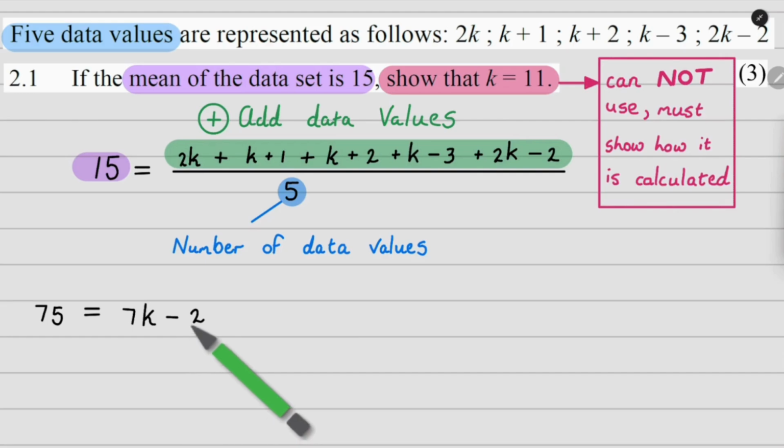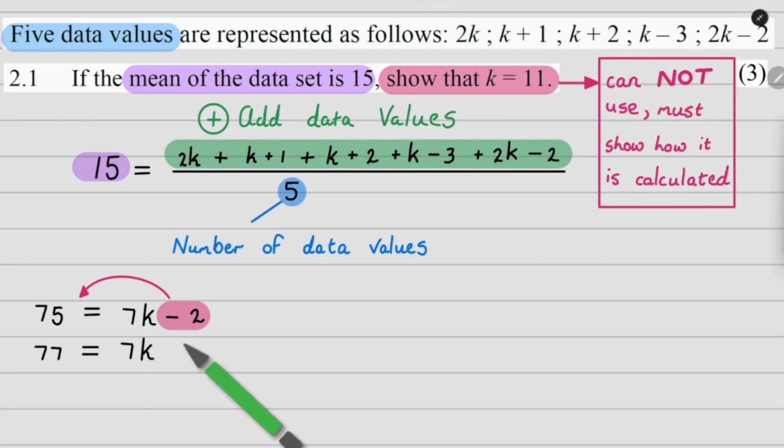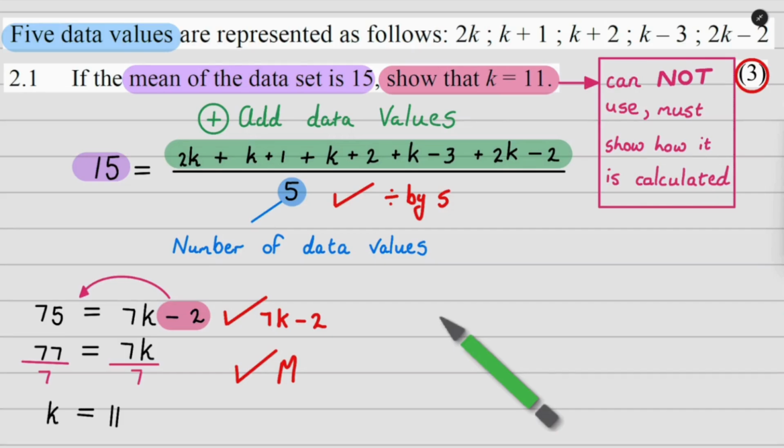There are no more fractions left because I kind of cross multiplied that 5 up there to get this 75. So this 5 disappears, it kind of morphs into that 75. And now we just need to solve for k. So we're just going to grab that -2, move it over, it becomes plus 2, 75 plus 2 is 77, and then we just divide by 7, and we get k to be 11.